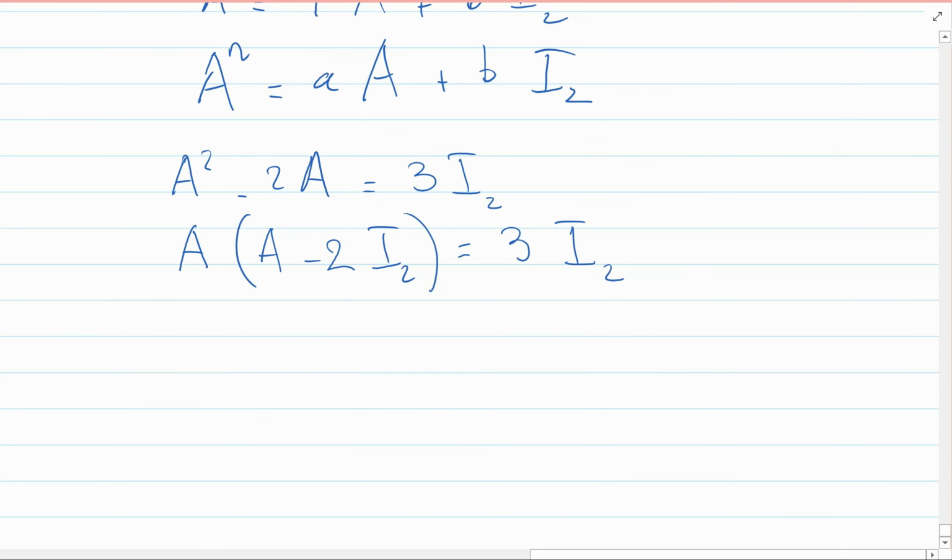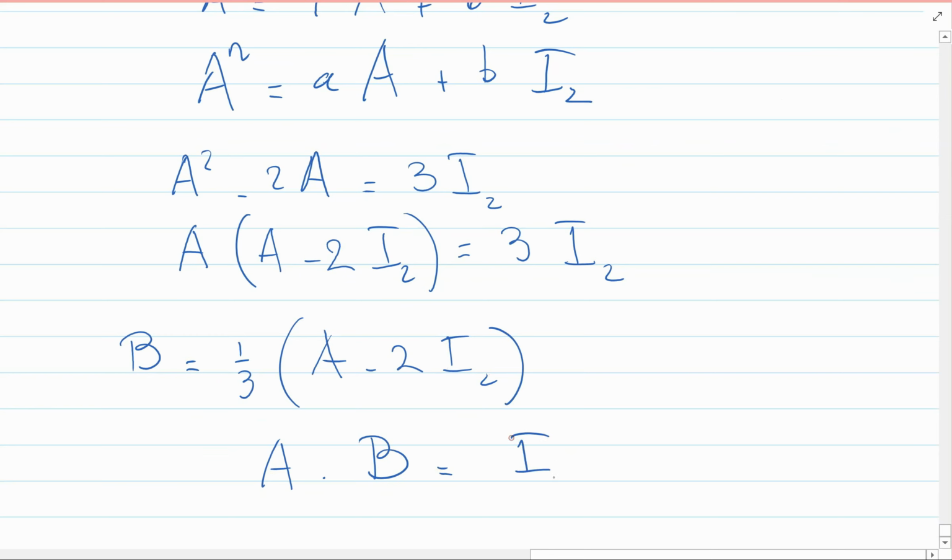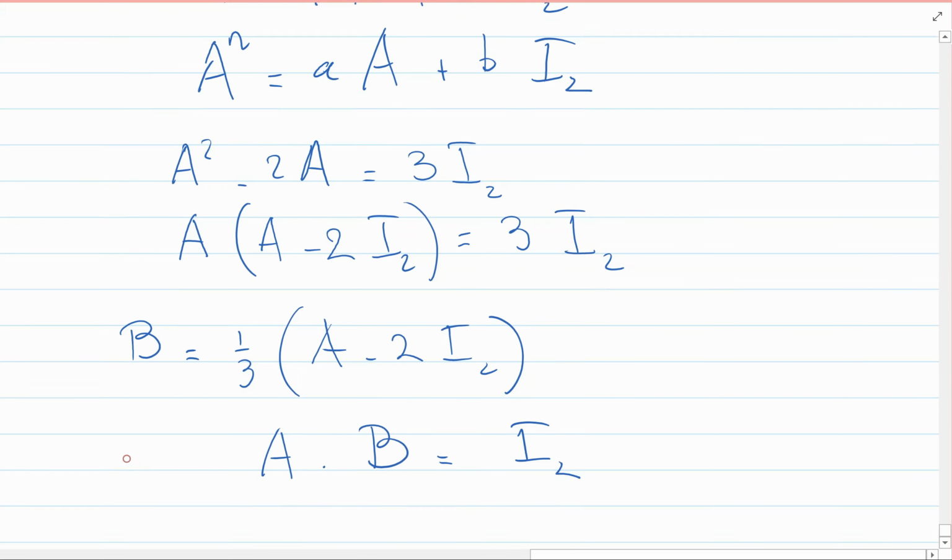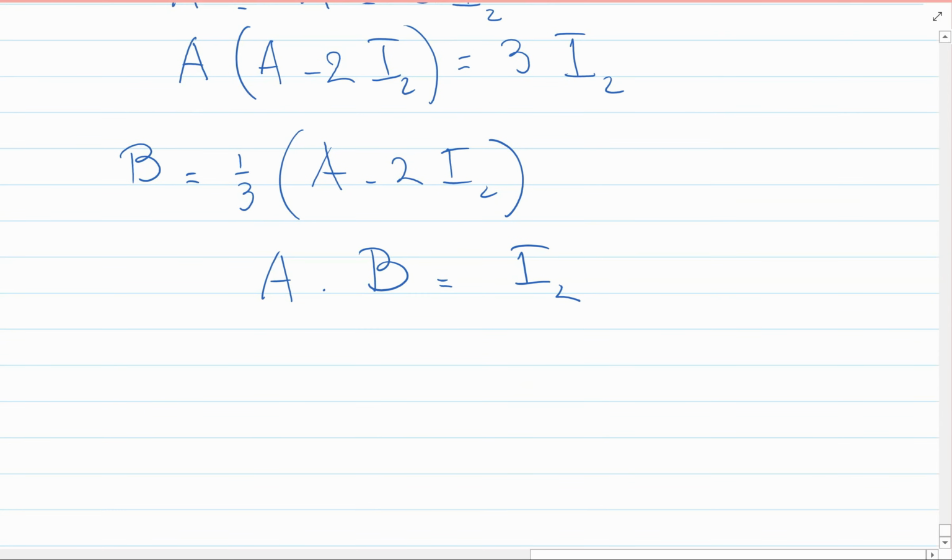So if I take B to be 1/3 times (A minus 2I2), then A times B is equal to I2. And both of them commute, because A and B commute. In fact, we also have B times A, which is also equal to the identity matrix.